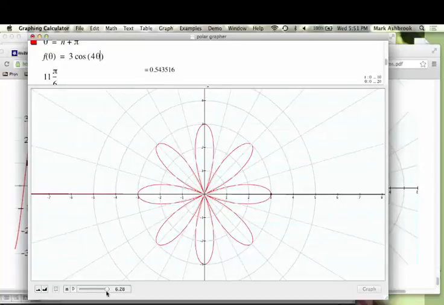Set up an integral that represents the area of one petal.